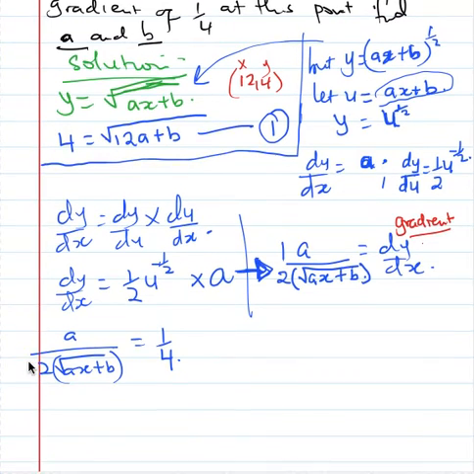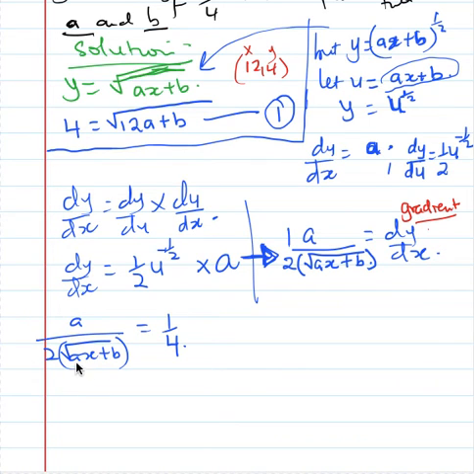We are going to substitute the x here. So when we substitute the x, we shall have a over 2 root (12a plus b) equals 1 over 4. Remember the coordinate is (12, 4), so x is 12, and we've substituted the x.